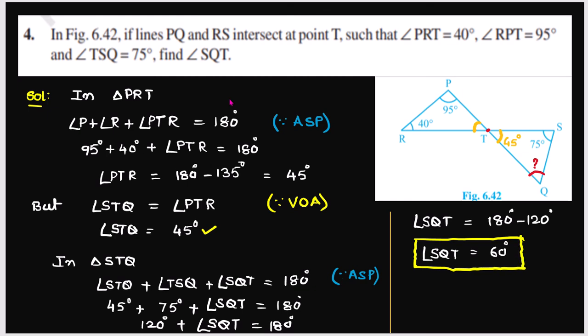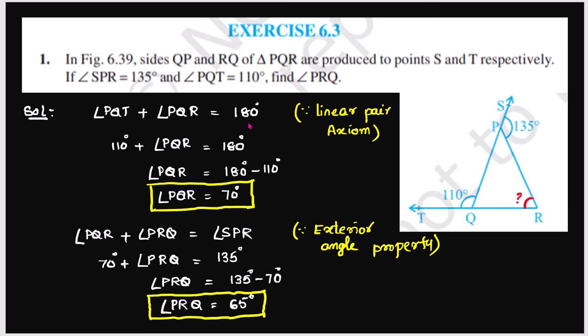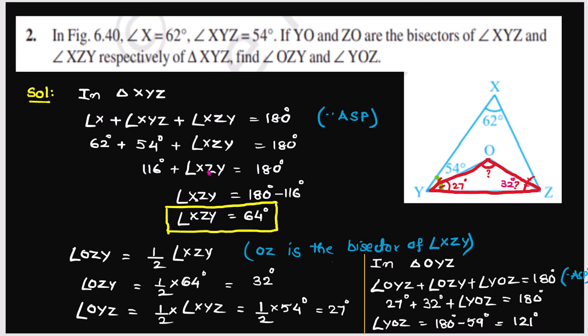So far, what are all the problems we solved? That is exercise 6.3. In the first problem, what did we apply? Exterior angle properties and linear pair. In the second question, we applied angle sum property as well as angle bisector.